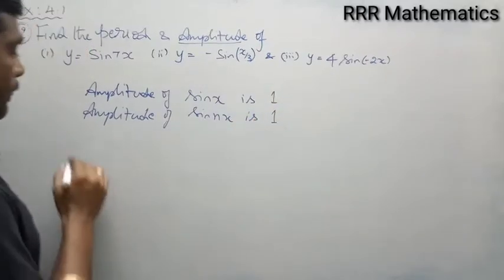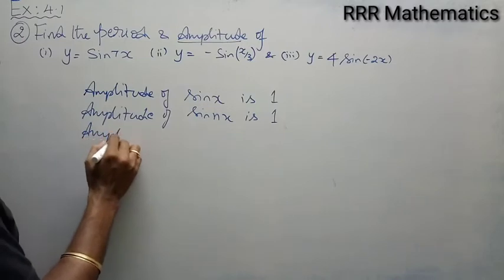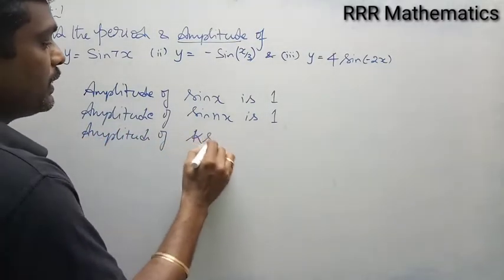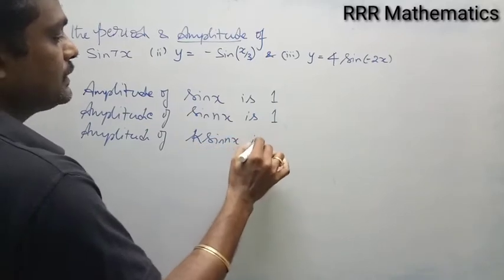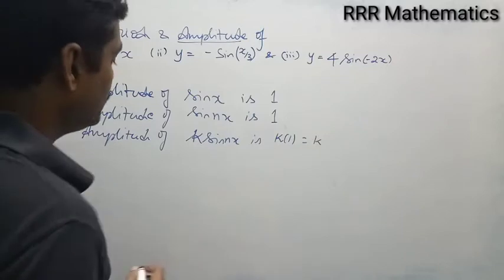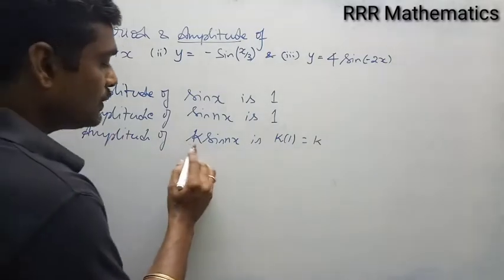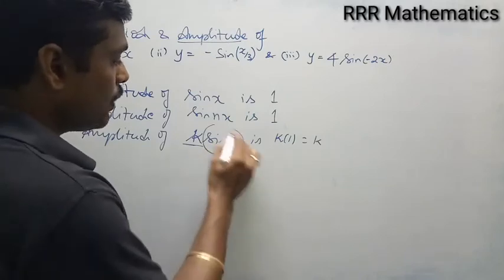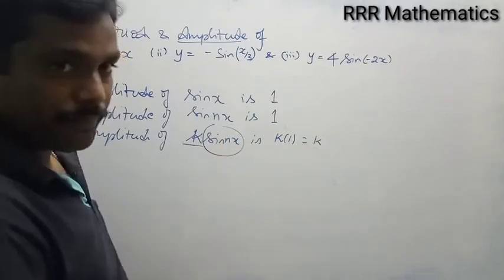No problem. Amplitude of some k times sine nx is k into 1, that is k. So the amplitude of some constant times the sine function is 1 into k, k.